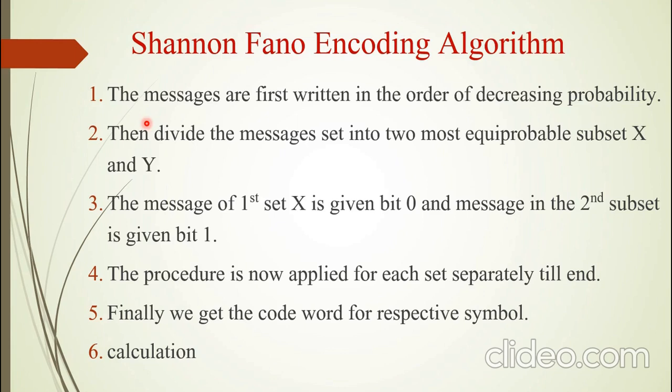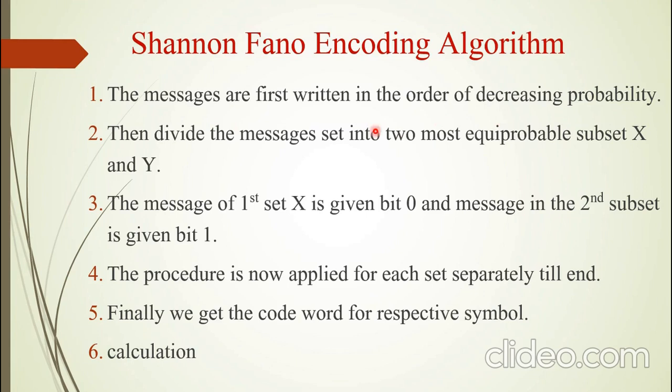To encode that, we need to follow the basic steps. So let's see. These are the basic steps of Shannon-Fano encoding that I will follow for the solution of the example. The first step is that the messages are first written in the order of decreasing probability.